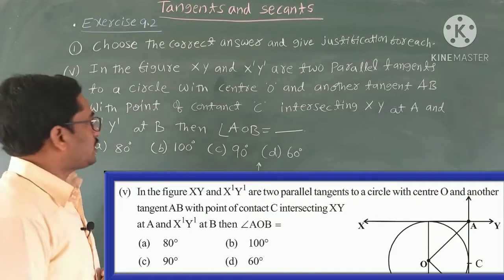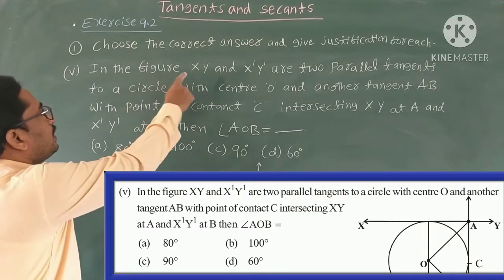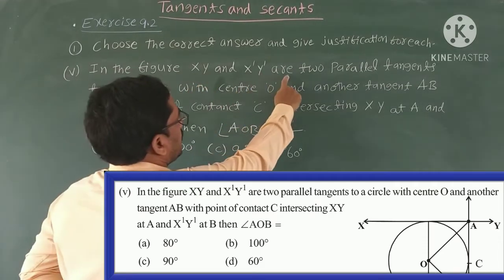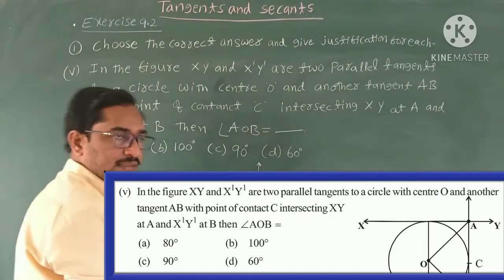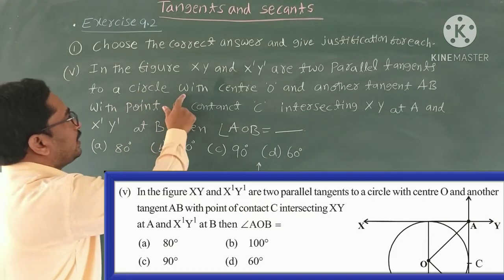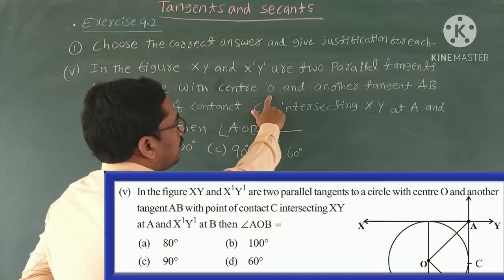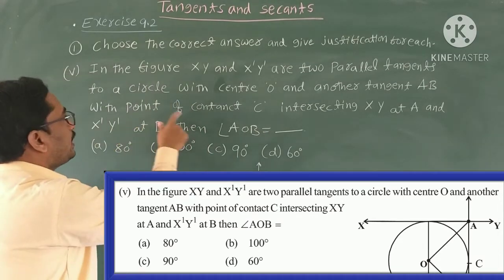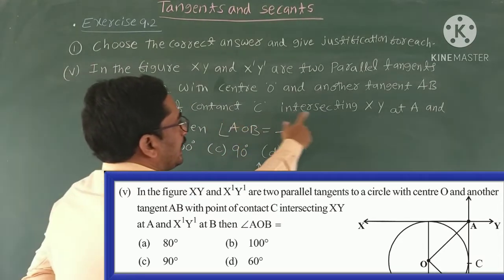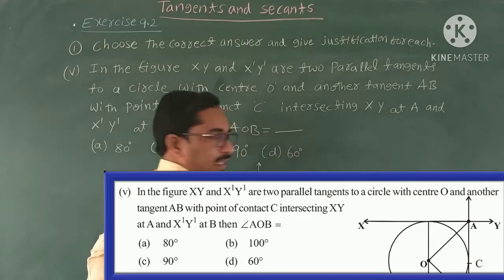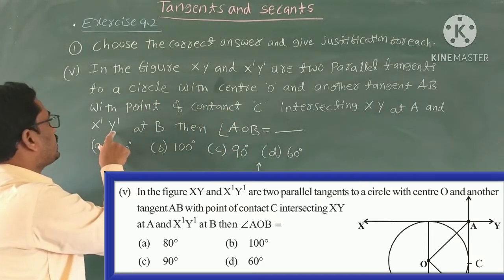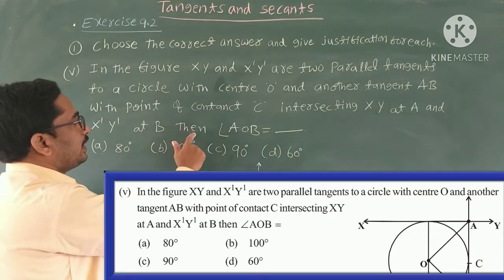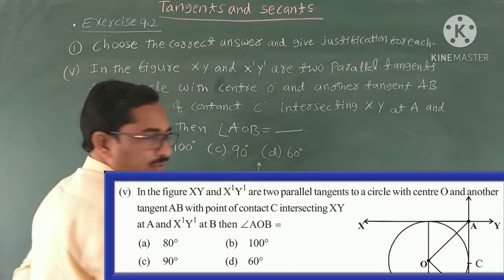Now, see the fifth question. In the figure, XY and X'Y' are two parallel tangents to a circle with center O, and another tangent AB with point of contact C intersects XY at A and X'Y' at B. Then angle AOB equals what?